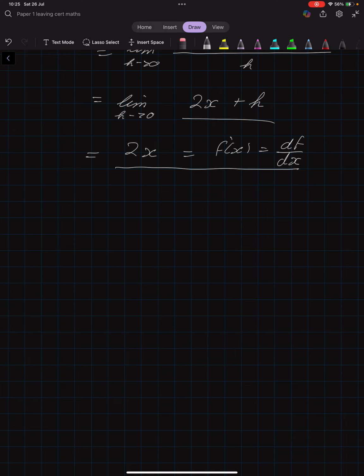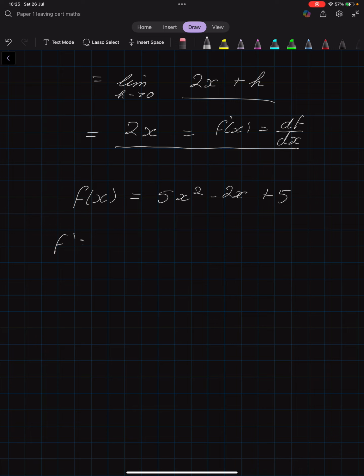So I'll do one more. What if f of x is equal to, say, 5x squared minus 2x plus 5? And I want to find what is the slope of this.